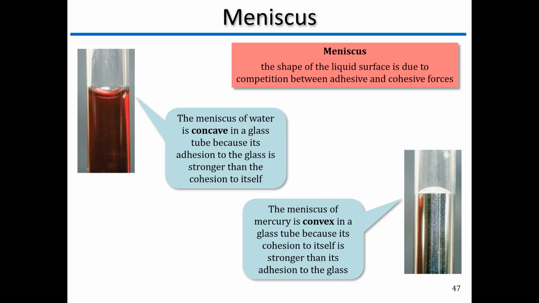Again, that's because the cohesion to itself is stronger than the adhesion to the glass. So mercury is more attracted to itself than it is to the walls of the glass tube, whereas water is more attracted to the glass tube than it is to itself. And that results in either a concave or a convex meniscus. So again, higher attractive forces will let cohesion dominate, lower attractive forces will let adhesion dominate.